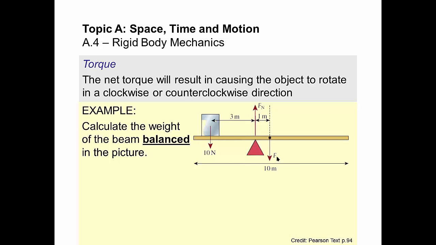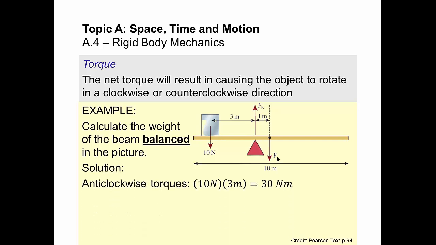So we need to calculate each one and equate them. So the solution is the anti-clockwise torque. Let's say we're applying 10 newtons, 3 meters from the pivot, which is here. Here's the pivot. So it's going to be 10 times 3, which is 30 newton meters.